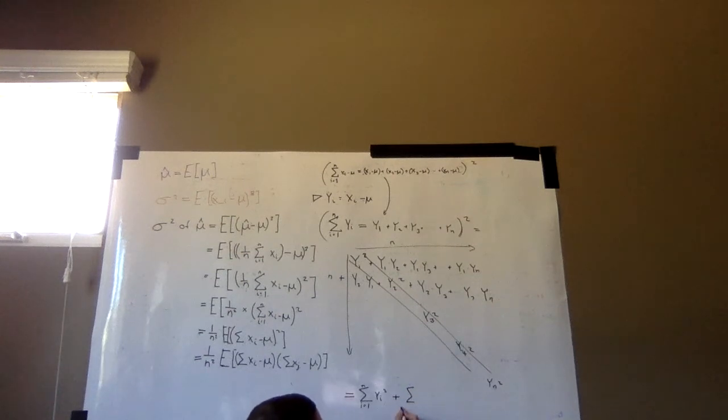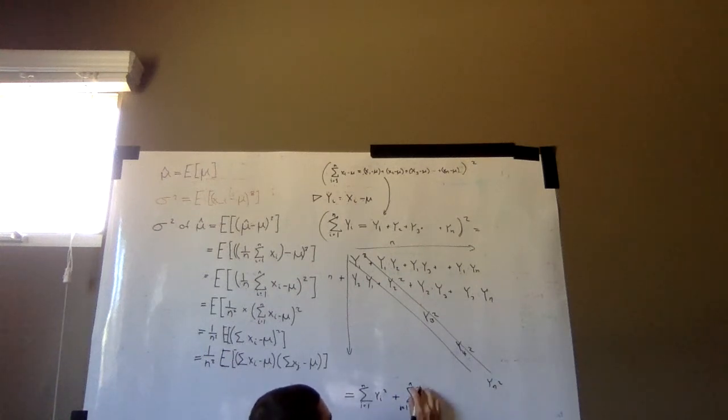It's the sum of i equals 1 to n. I'm not sure what the best notation for this is.